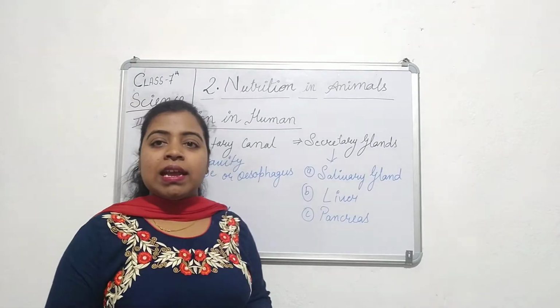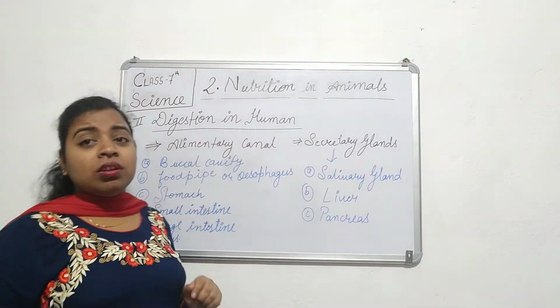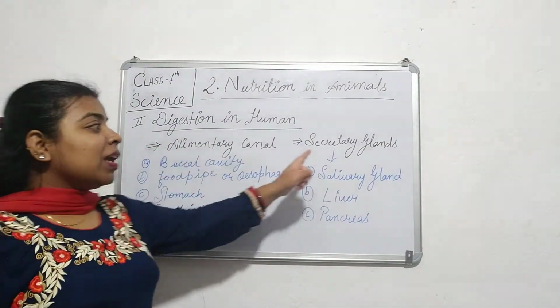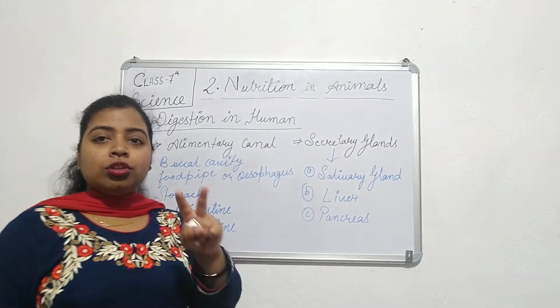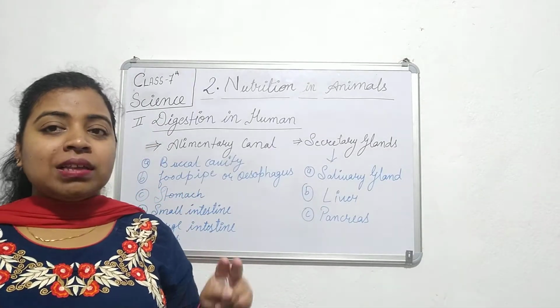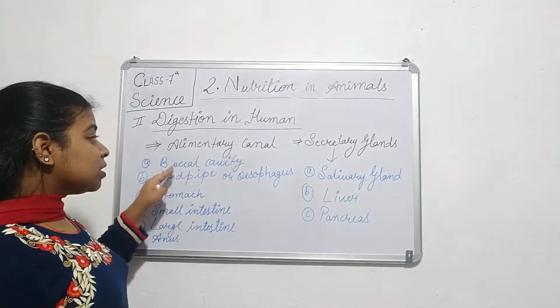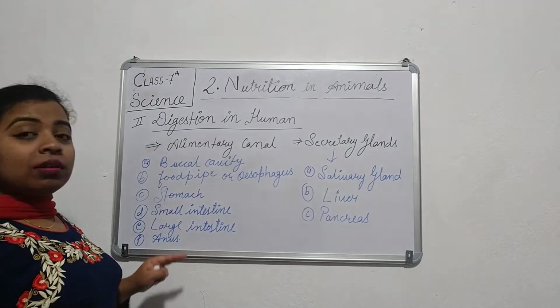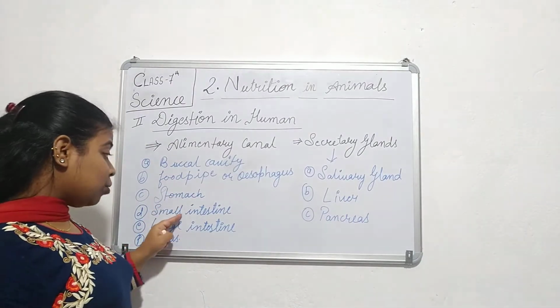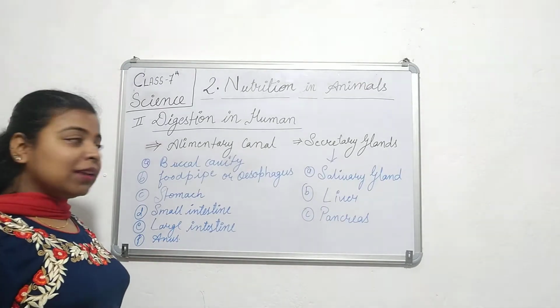Next up, we'll see digestion in humans. In digestion in humans, the alimentary canal and secretory glands are the two main and very important aspects. The alimentary canal includes the buccal cavity, food pipe or oesophagus, stomach, small intestine, large intestine, and then last is the anus.